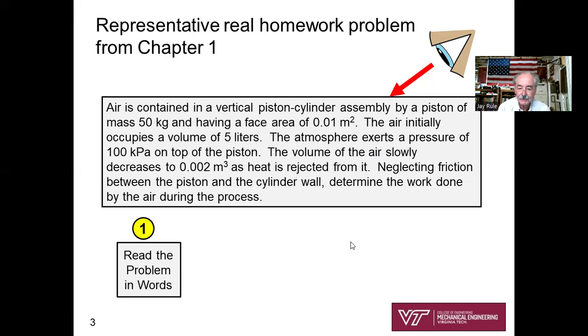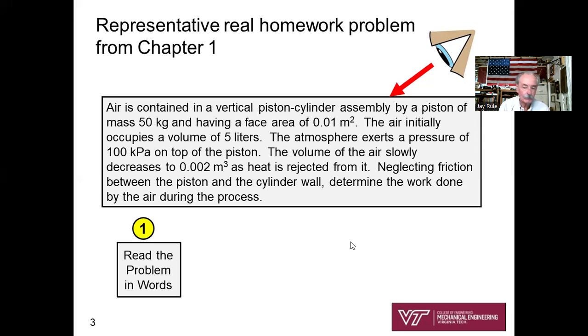The air that's contained in that piston and cylinder initially occupies a volume of 5 liters. The atmosphere exerts a pressure of 100 kPa on top of the piston. The volume of the air slowly decreases to 0.002 cubic meters as heat is rejected from it. Neglecting friction between the piston and cylinder wall, determine the work done by the air during the process.